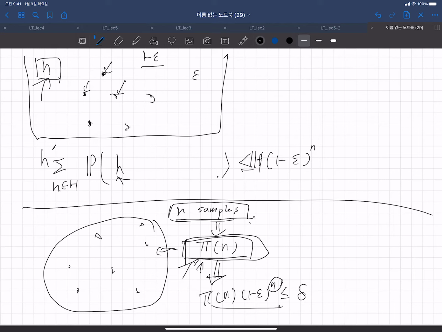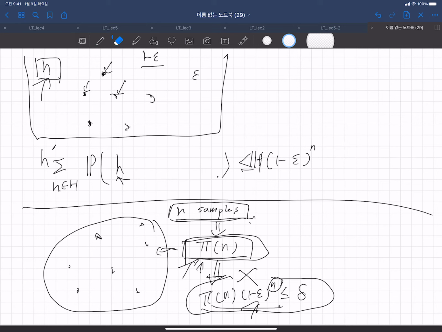After we sample n data points, whether this hypothesis includes any data point or not is just a fact. So we cannot use this union bound tree, because for each hypothesis test, whether any data point belongs to the hypothesis or not, the probability is not 1 minus epsilon to the power n anymore.